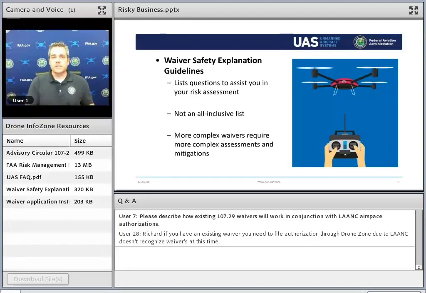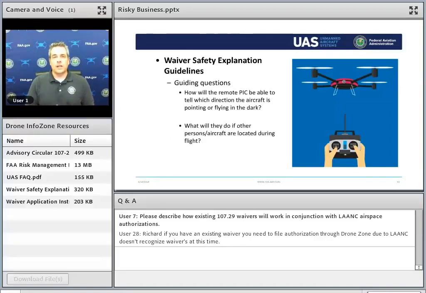So don't look at the Waiver Safety Explanation Guidelines as the all-inclusive list, thinking as long as I answer these questions, I'm good to go. If you answer all those questions, and you really need to do that in your waiver application, that is your starting point. Beyond that, you need to include whatever is specific for your operation in that waiver application. We keep talking about the Waiver Safety Explanation Guidelines because they're extremely important, especially when you're getting into complex waivers.